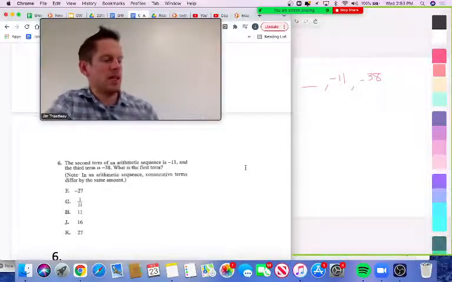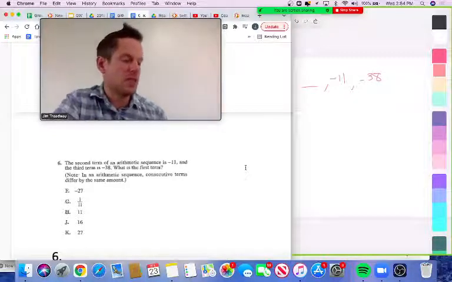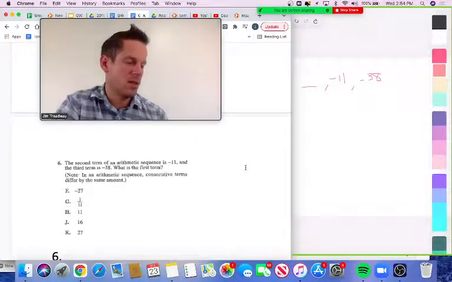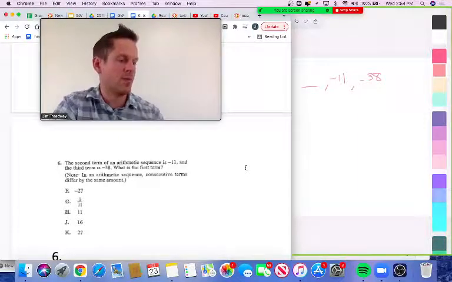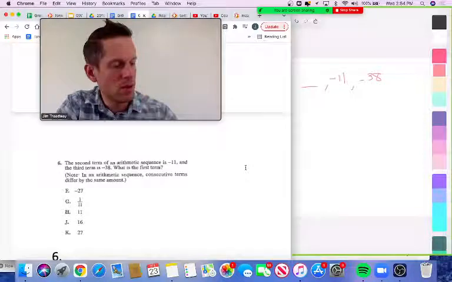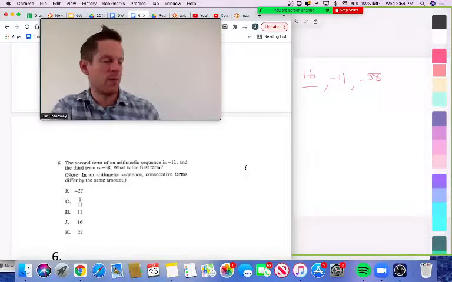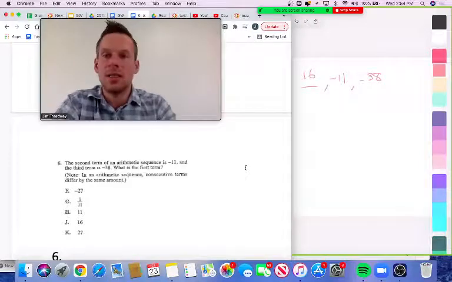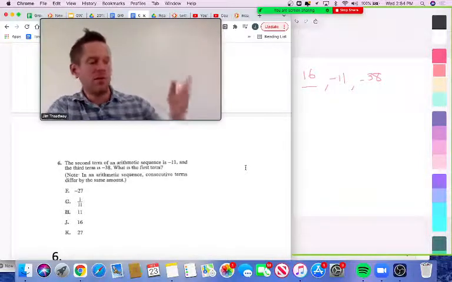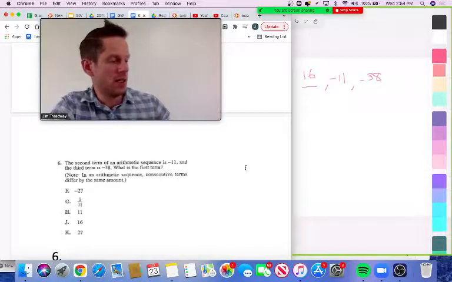So to get from -11 to -38, we would have to subtract 27. So we must have subtracted 27 from the first term to get to -11. So that is going to end up being, I believe, +16. Yeah, which is J. So knowing that in an arithmetic sequence, we are adding or subtracting the same amount every time, we write out the list of numbers, the sequence, and then it's pretty easy to get to our answer.